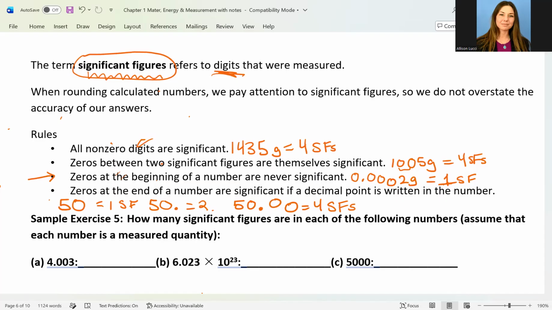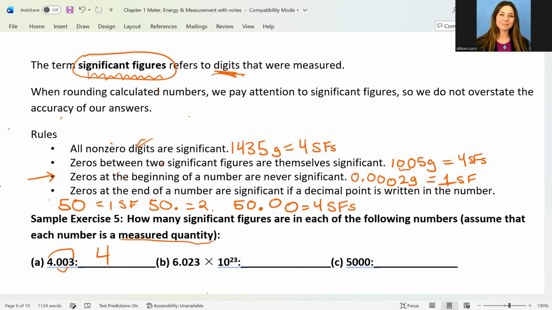In sample exercise 5, we're asked to determine how many significant figures each of these quantities has. We're assuming that these are measured quantities, not something that you can count. Let's take a look. In this first example, we have 4.003. We'll follow our rules above, and we know that these two zeros are considered significant, since they're sandwiched between two non-zero digits. So we have a total of 4 significant figures here.